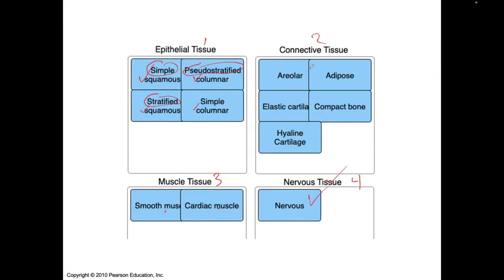Those are epithelium. Connective was areolar, adipose. Then you have elastic, hyaline, and compact. These two would be connective tissue proper, and then these would be the supporting connective tissue.